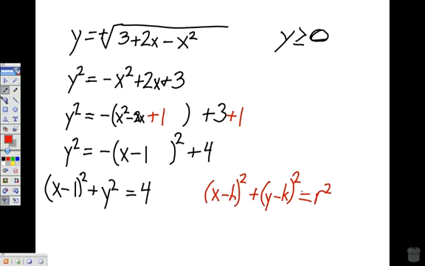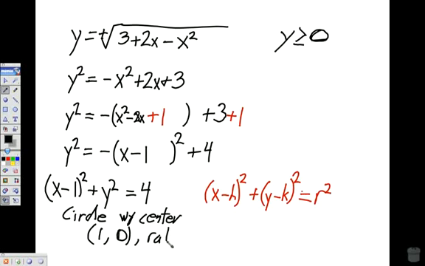That means this right here is a circle with center at (1, 0), and radius 2. Remember that 4 is r squared.